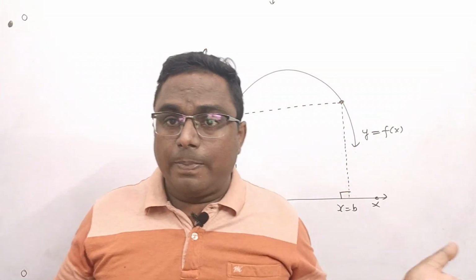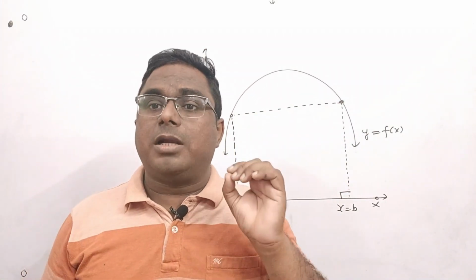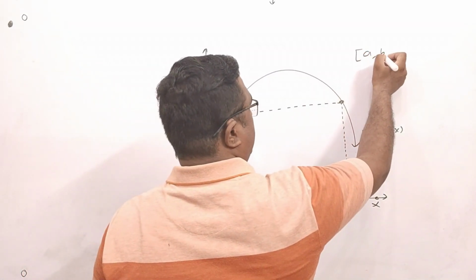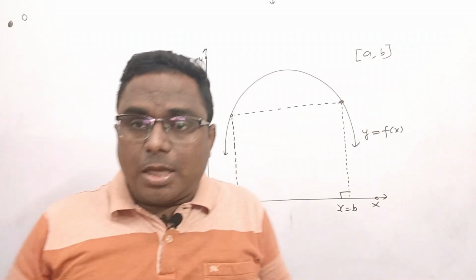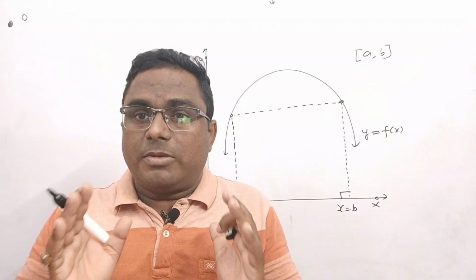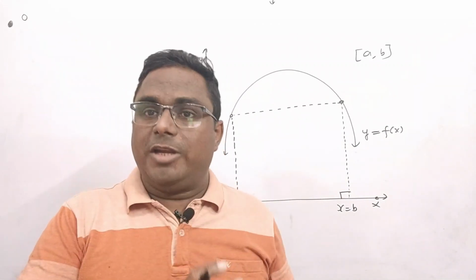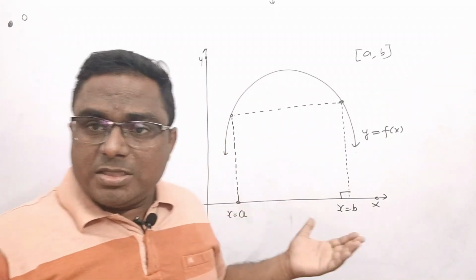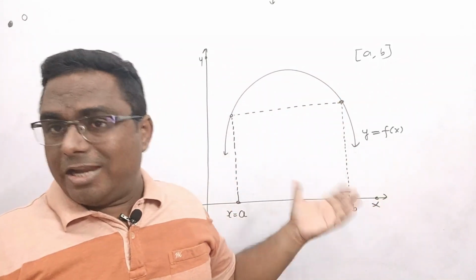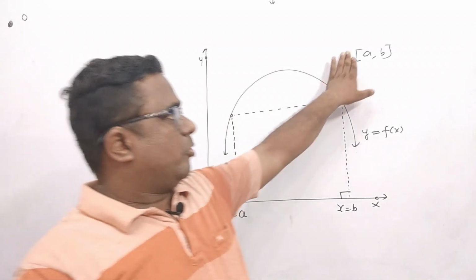So I can say that the function is continuous in the closed interval [a, b], and this is the first point of Rolle's theorem. The graph of the function must not be broken anywhere between this point and this point.